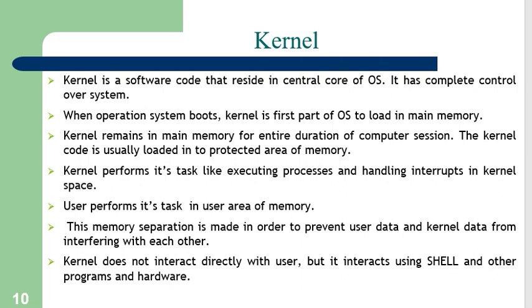The kernel performs tasks like executing processes and handling interrupts in kernel space. The user performs tasks in the user area of memory. This memory separation is made in order to prevent user data and kernel data from interfering with each other. The kernel does not interact directly with the user, but does so using the shell and other programs and hardware.